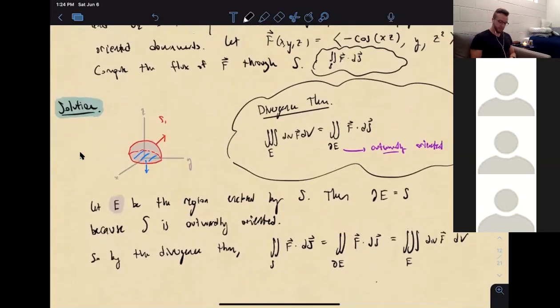So the first thing I'll do is write down what the divergence is. Let's see, the x derivative here would be sine of xz times z.